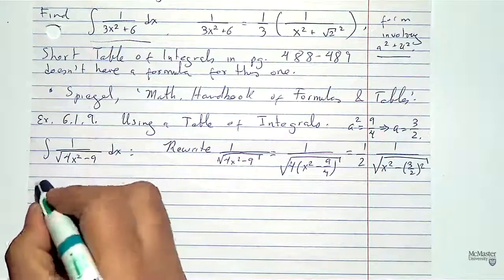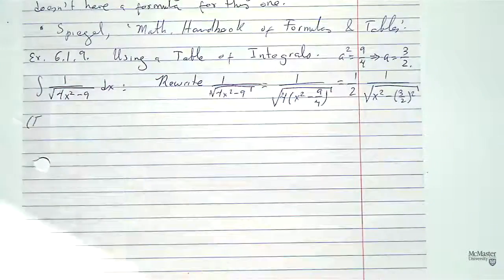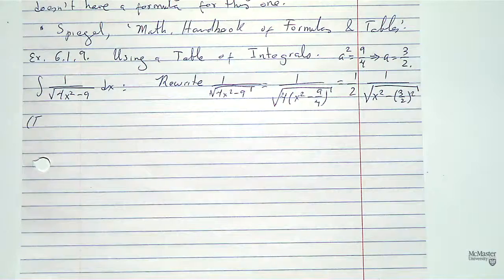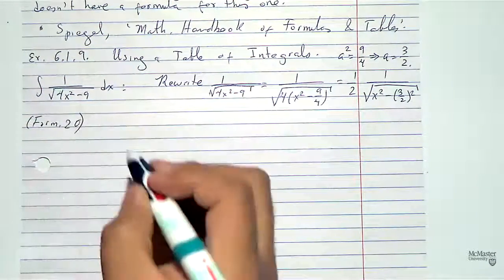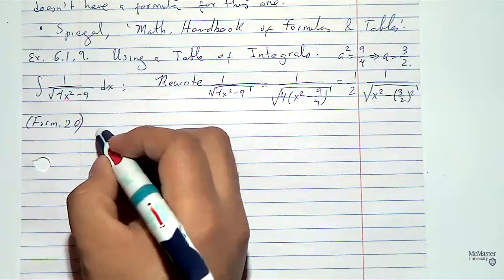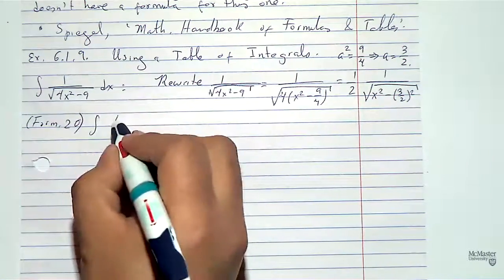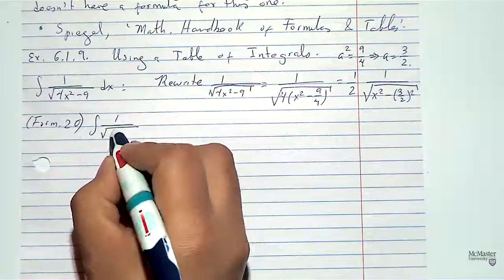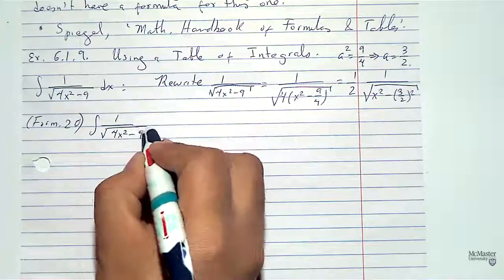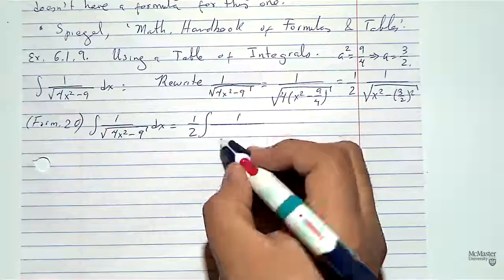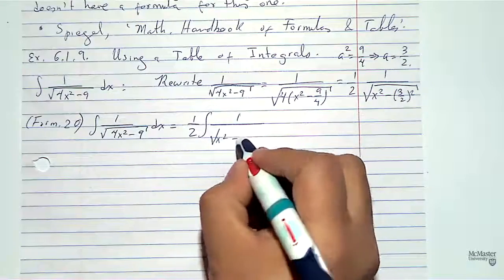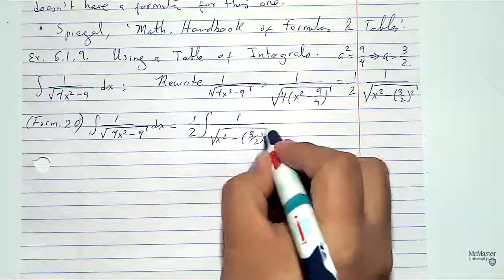And this is actually in the form number 20, where you have the integral of 1 divided by square root of 4x squared minus 9 dx, 1/2 of the integral of 1 over the square root of x squared minus 3 over 2 squared dx.